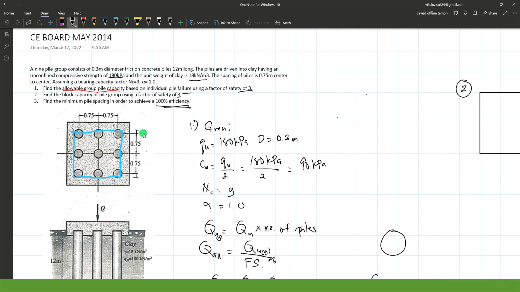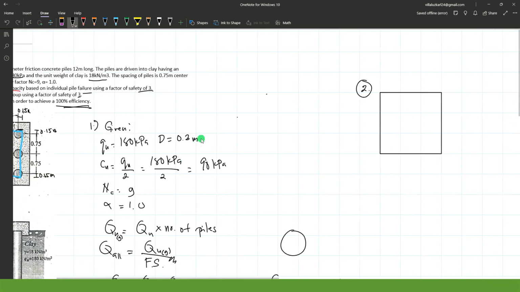If we have 0.3 diameter of this pile, half of that will be extended to reach this edge of the block that we're going to form. So that will be 0.15 on each side. Same goes with this side for this dimension of the rectangular block. So we just add 0.15 on each side, or a total of 0.3 for each dimension.